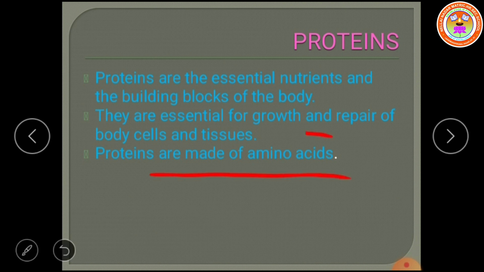They are organic in nature. They are composed of carbon, hydrogen, and oxygen in addition to nitrogen. So proteins are generally nitrogenous compounds because they have nitrogen in them. Amino acids are very important for our body.